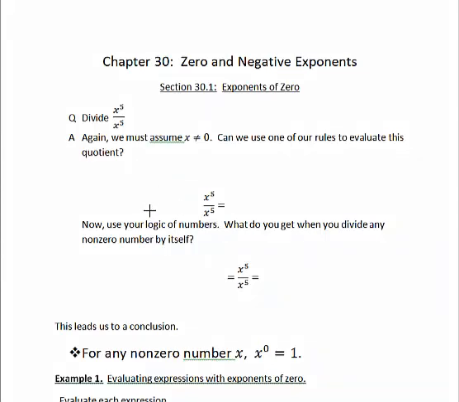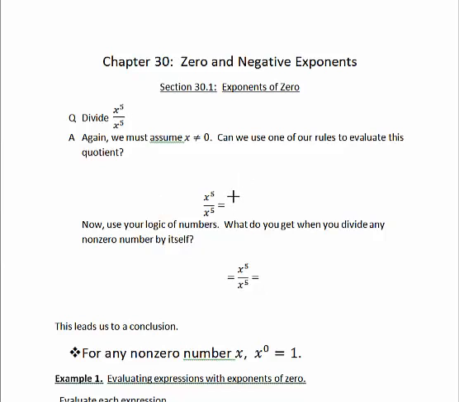So what situation does a zero exponent come from? Well, it comes from a situation where we have the same variable, x, twice, and they each have an exponent, and their exponents match. For instance, x to the fifth divided by x to the fifth.